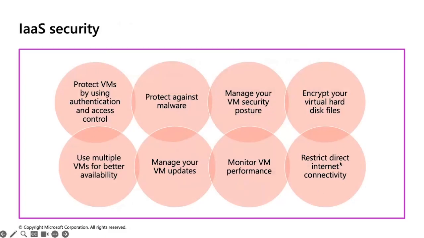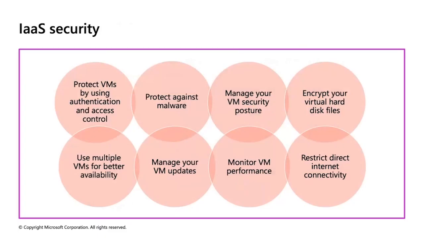Also, you can restrict direct internet connectivity. We have other ways to present VM access to outside requests, but directly enabling any kind of public IP on a VM is not recommended. These are some guidelines we see in infrastructure as a service security.